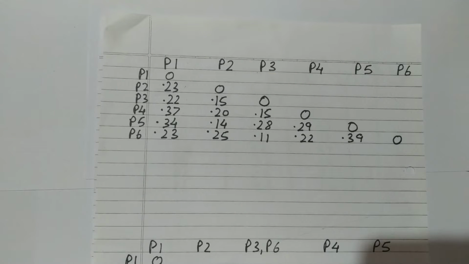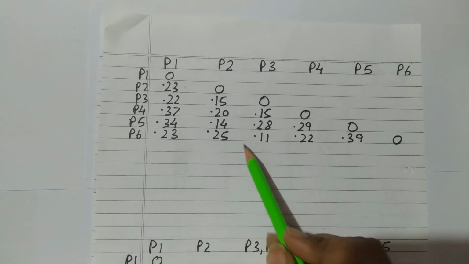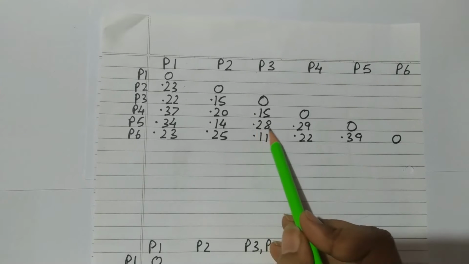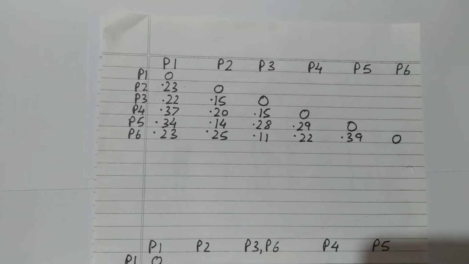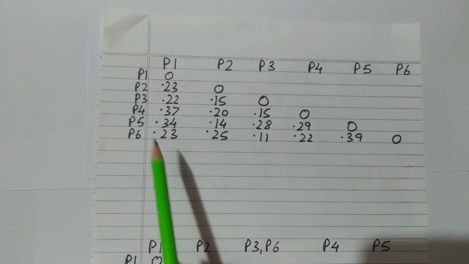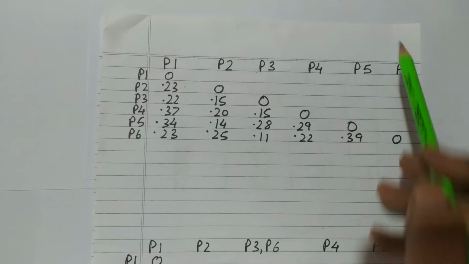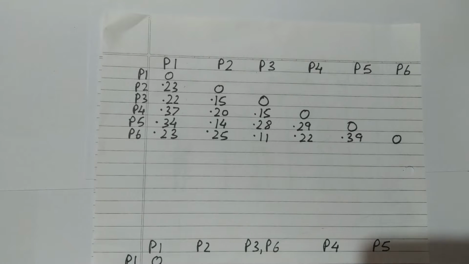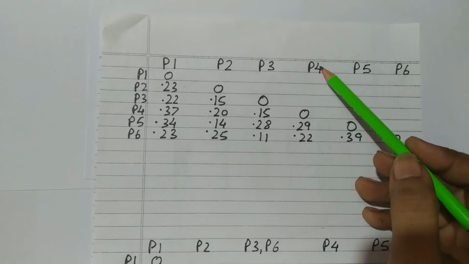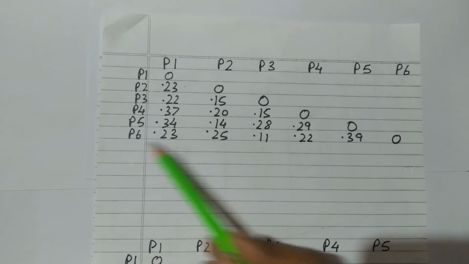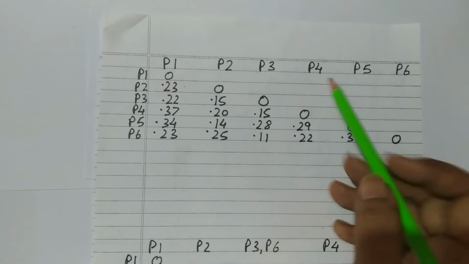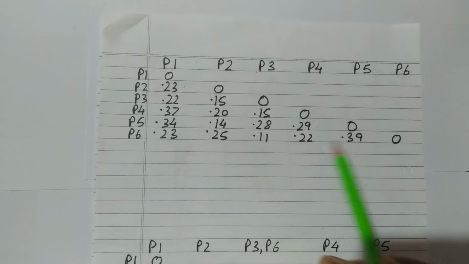As we said, HAC does clustering on the basis of points which are nearest to each other. So all these numbers represent the distance between the points. So what do we mean? That the distance between point P4 and P6 is 0.22.